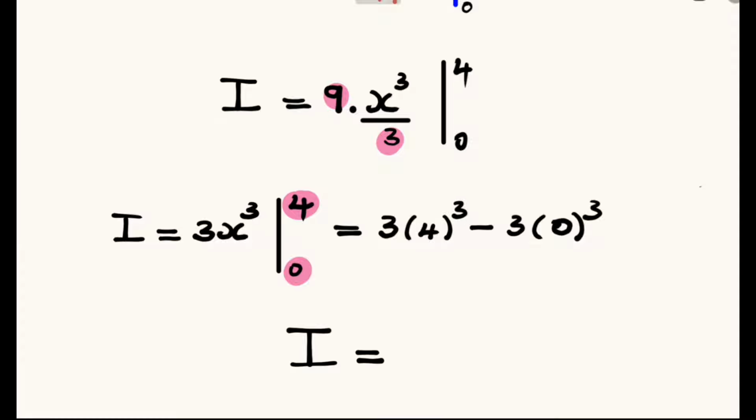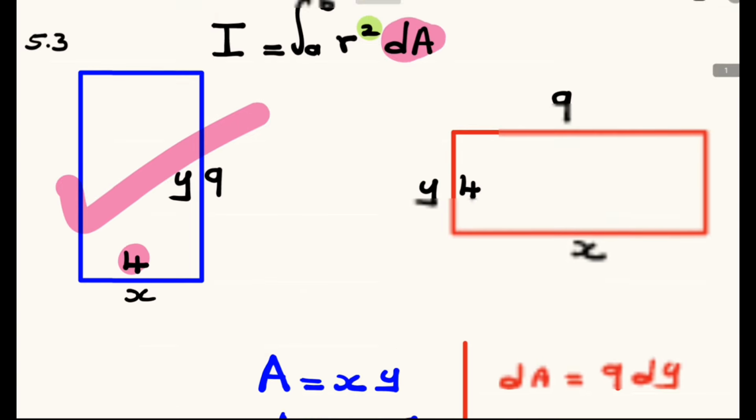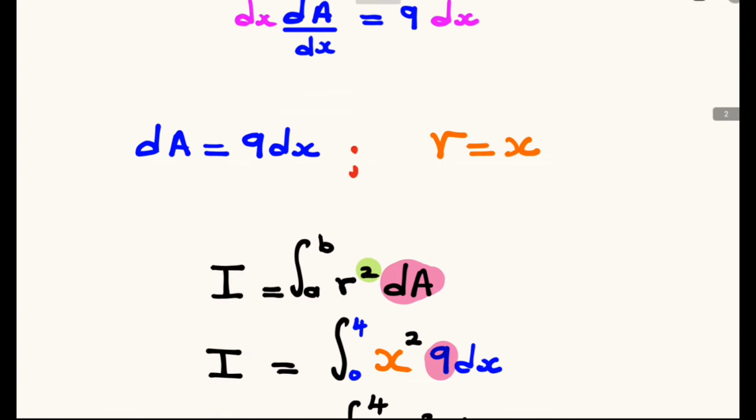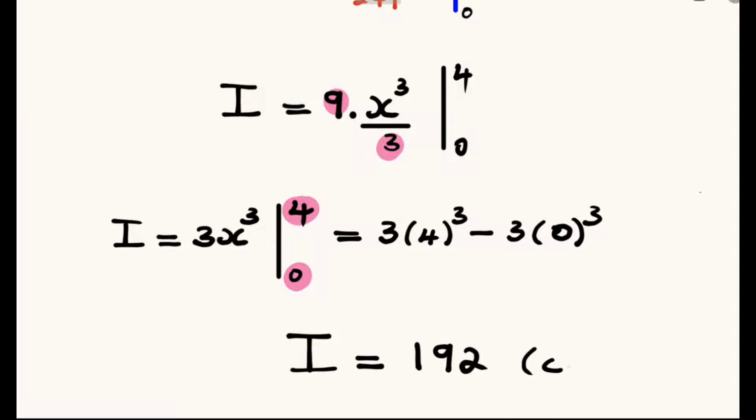And our I will be equal 192. Since we multiplied area with the second moment, we are going to have this as centimeter to the power 4. And this will be our answer for question 5.3.